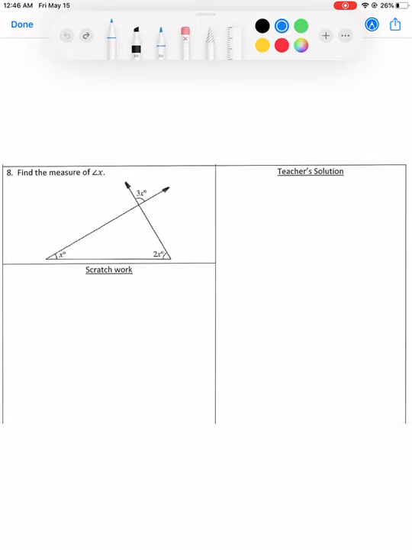The properties I'm seeing here are vertical angles and angle sum of triangle. If I get my 3x to here, we're using vertical angles. Then I can use angle sum of triangle to add. So I'm going to do this plan here: use vertical angles and then use angle sum of triangle.